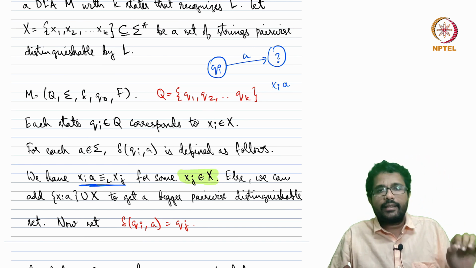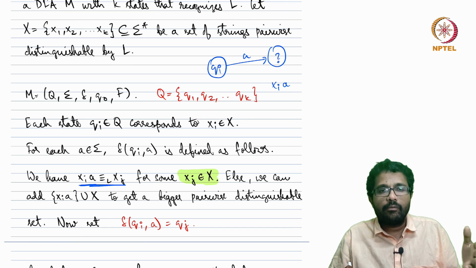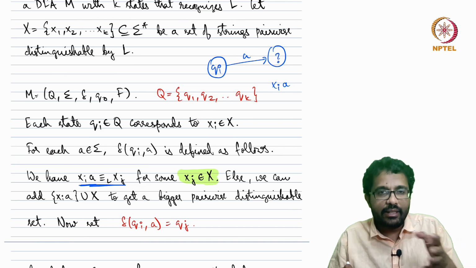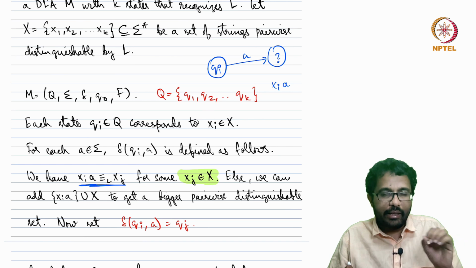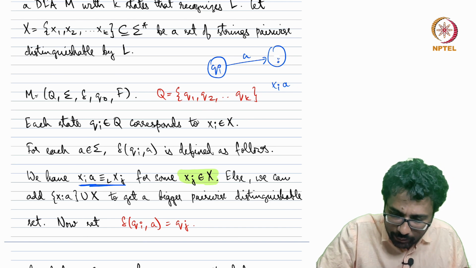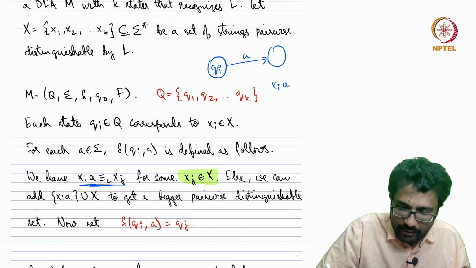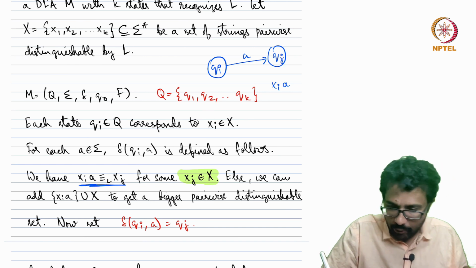So now xia is equivalent to, or indistinguishable from, some string in capital X, let us say xj. Now we ask the question, where does this arrow go from Qi upon reading symbol A? The answer is it goes to Qj. How did we get Qj?